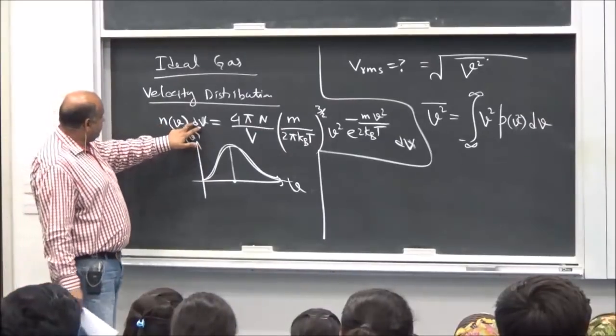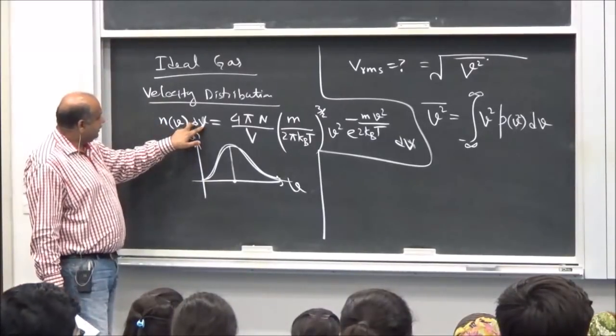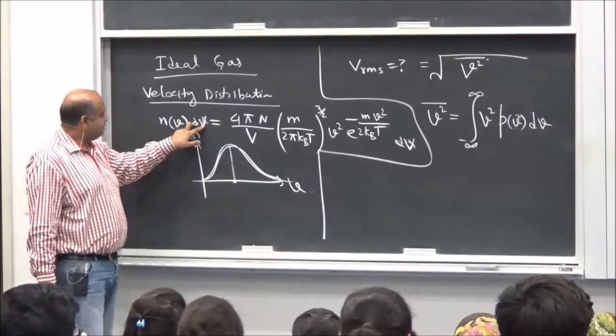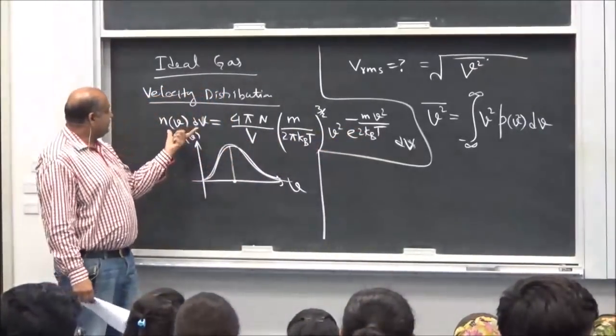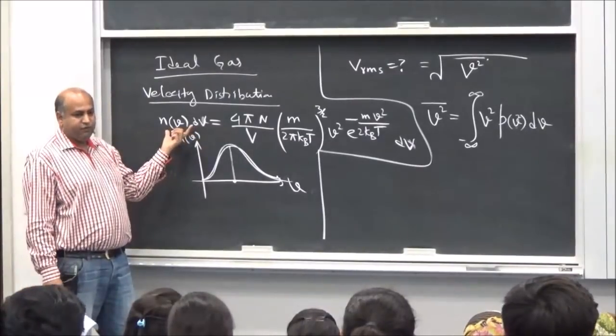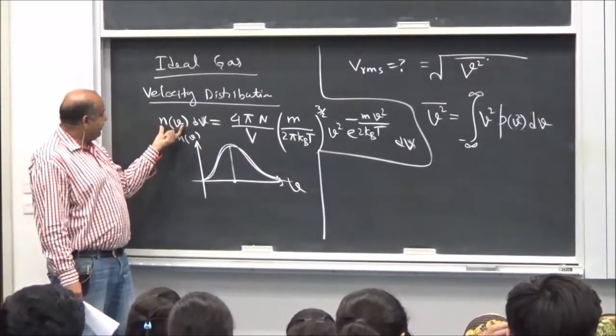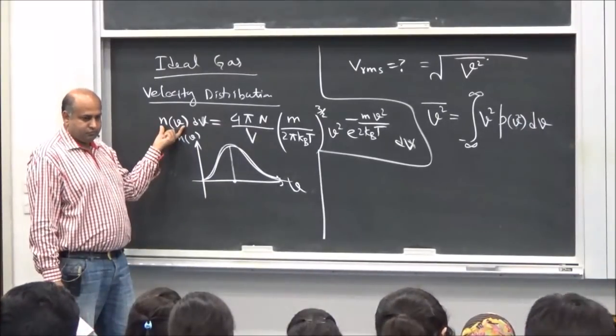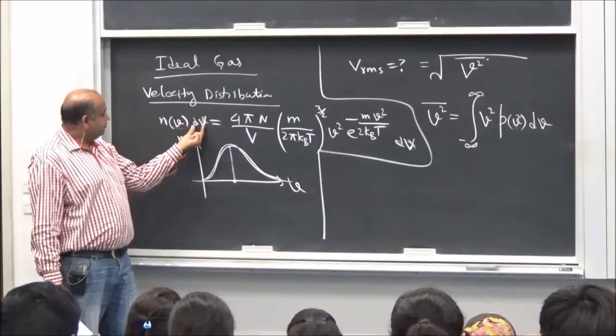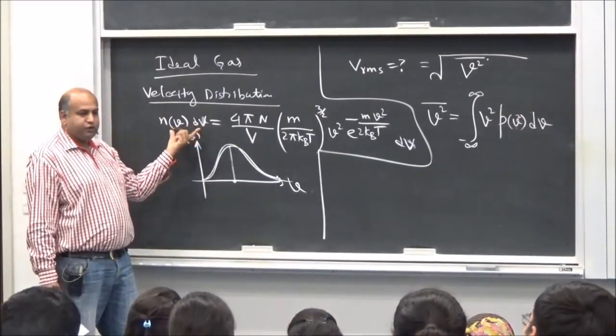So dV अगर आप ये represent करें volume को, so then यहाँ पे dV लगा लें. So then this is the number of particles at a given velocity, because this n is the number of particles per unit volume. ठीक है? So अगर volume fraction से multiply करें, you get total volume.